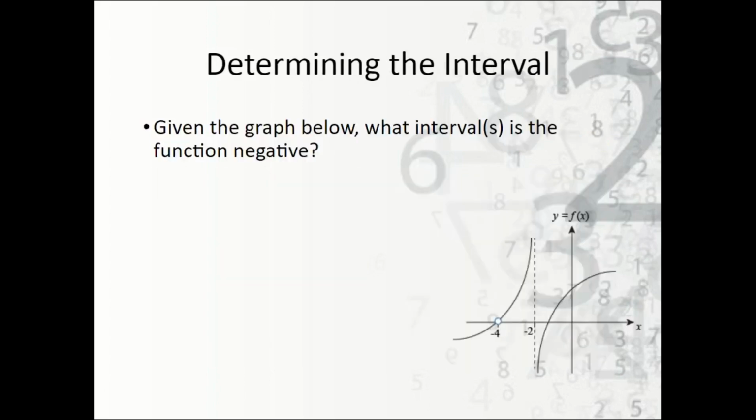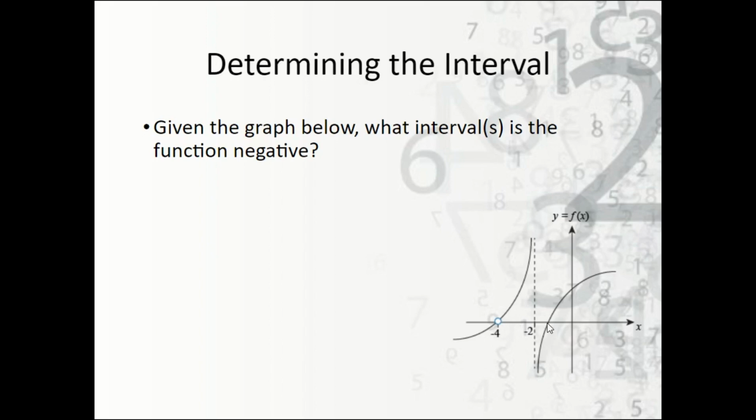So now how do we determine where an interval is positive and negative? Well, if we look at this graph here, it is negative all the way from negative infinity up until it gets to negative 4. And then it becomes positive after that. Now, over on this side, we have it being negative from negative 2 all the way until this point here.